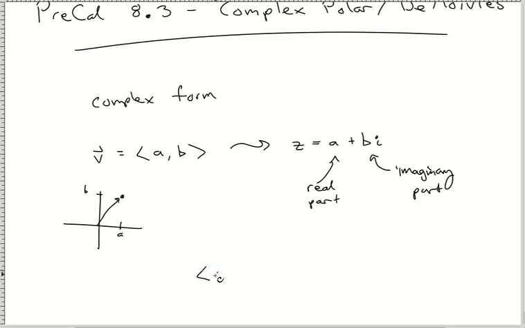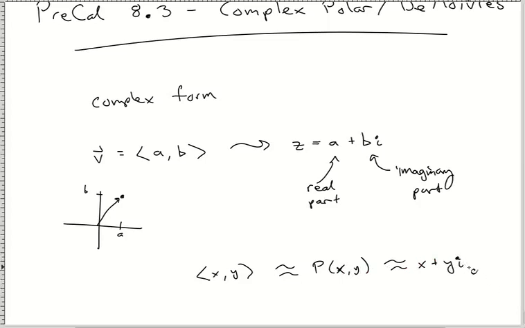Another way we do x comma y as a vector, it relates over to the point x comma y, which is also related to this x plus yi business. They're all interconnected.